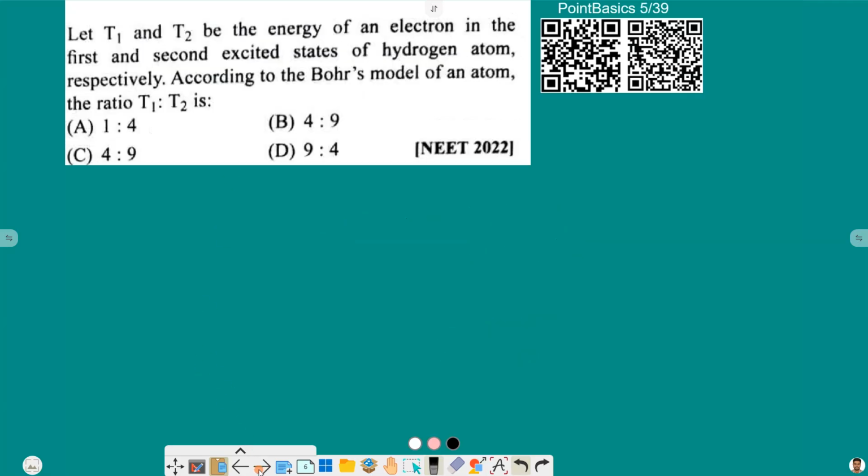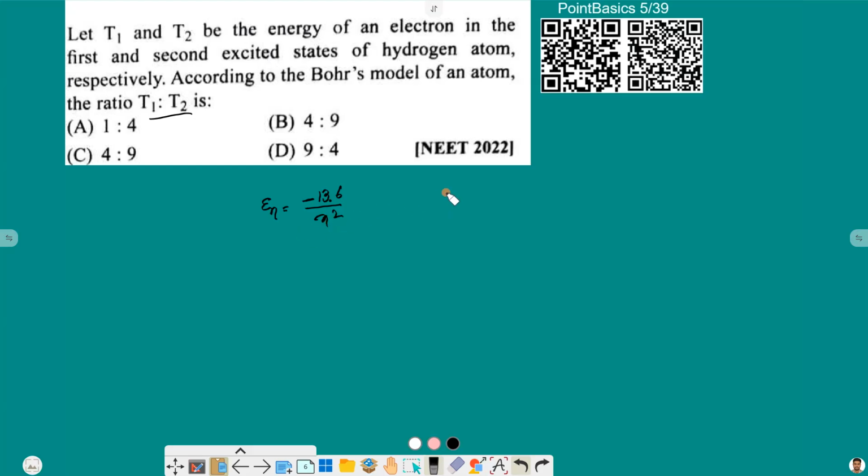So moving to the next one. Let T1 and T2 be the energy of electron in the first and second excited state of hydrogen atom respectively. According to Bohr model, ratio we have to find out. So according to Bohr model, we know that En is equal to minus 13.6 by n square, where n is the principal quantum number for the orbit.